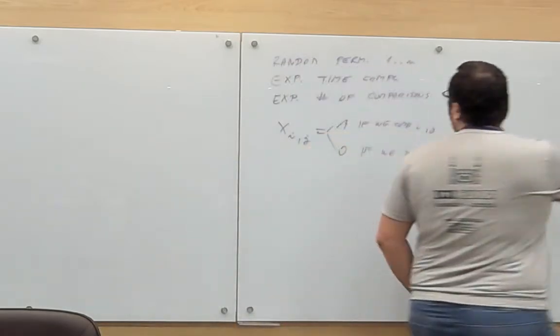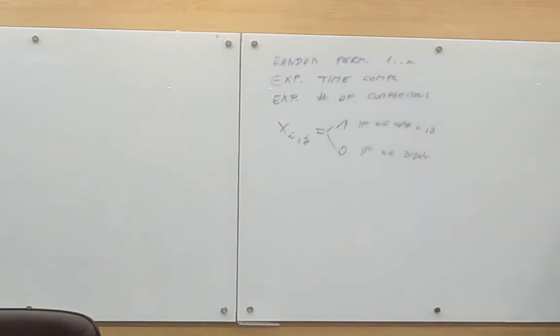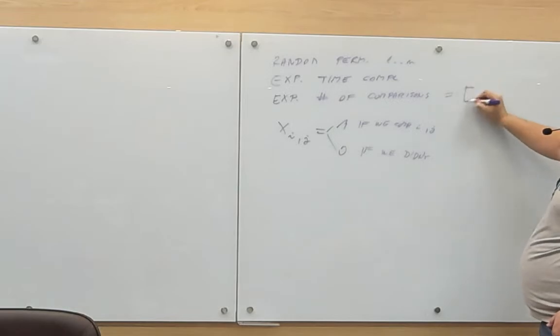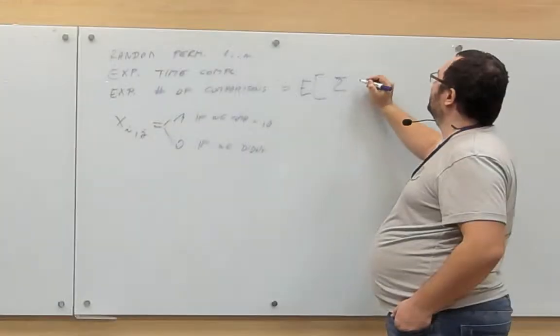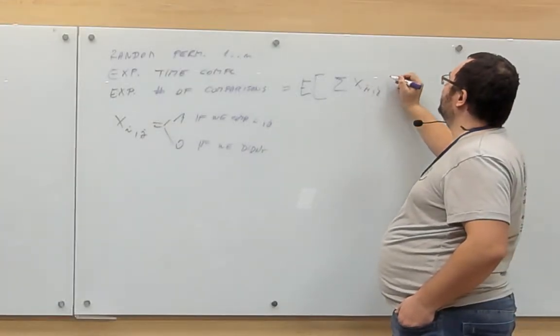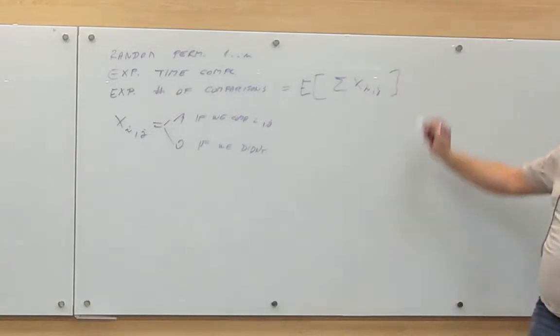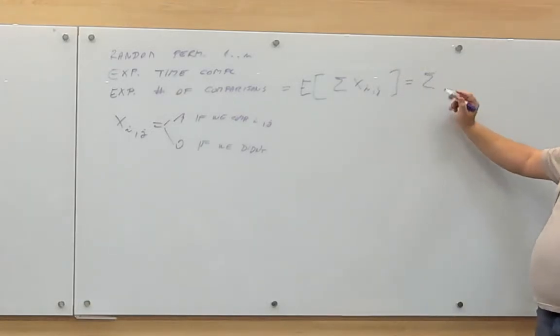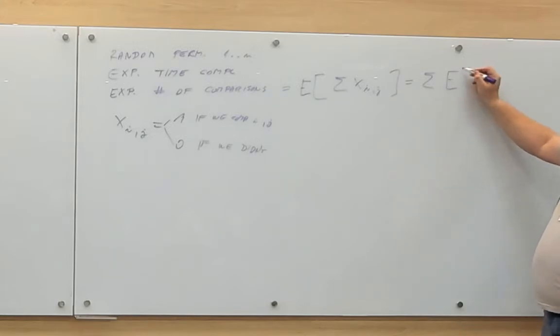And now the total expected number of comparisons is the expected value of the sum of all x_ij. By linearity of expectation, this is the sum of the expected values of x_ij.